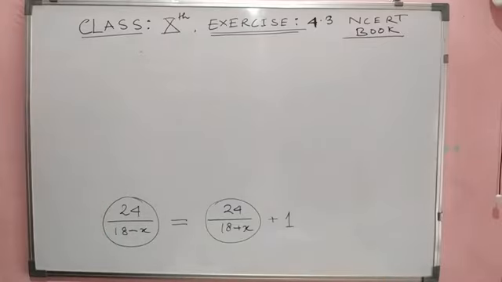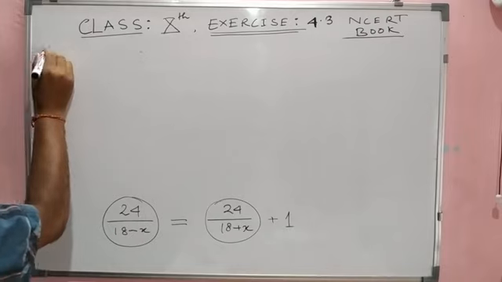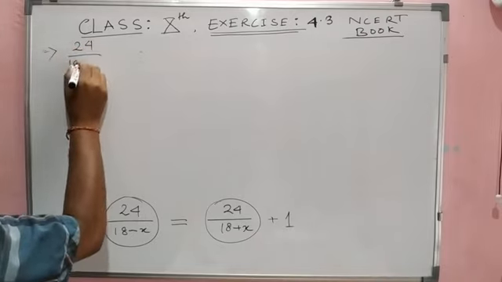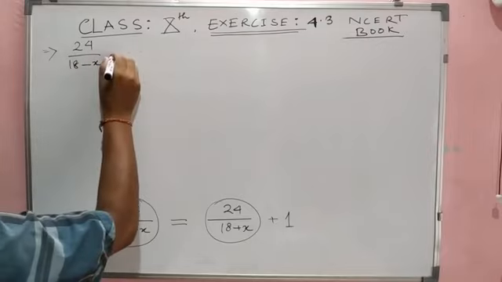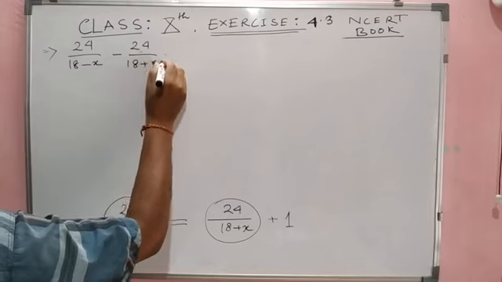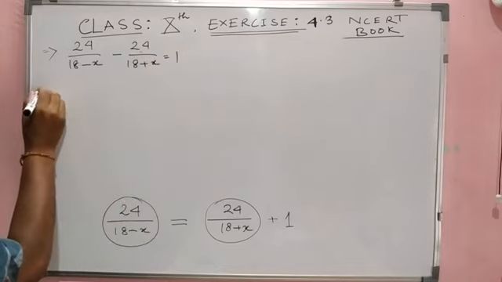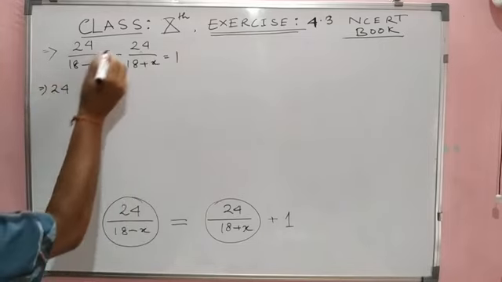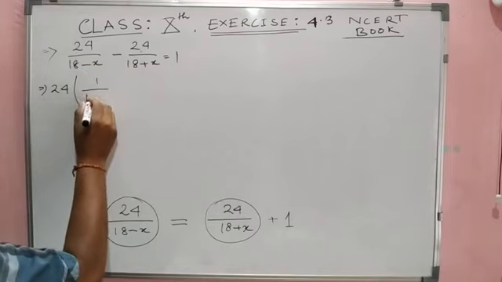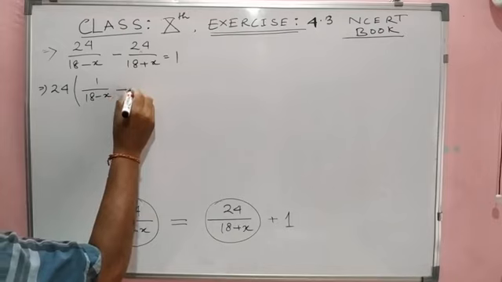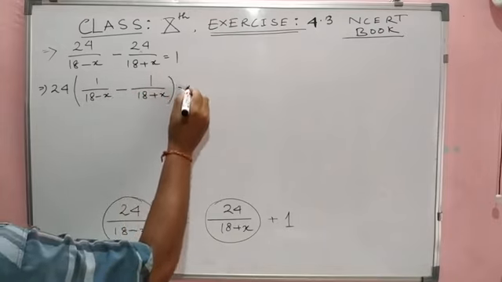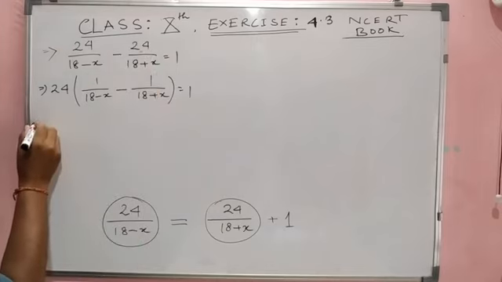So we get 24 by 18 minus x minus 24 by 18 plus x equal to 1. Take 24 common from these two, so it will be 24 times 1 by 18 minus x minus 1 by 18 plus x equal to 1. I have taken 24 common.